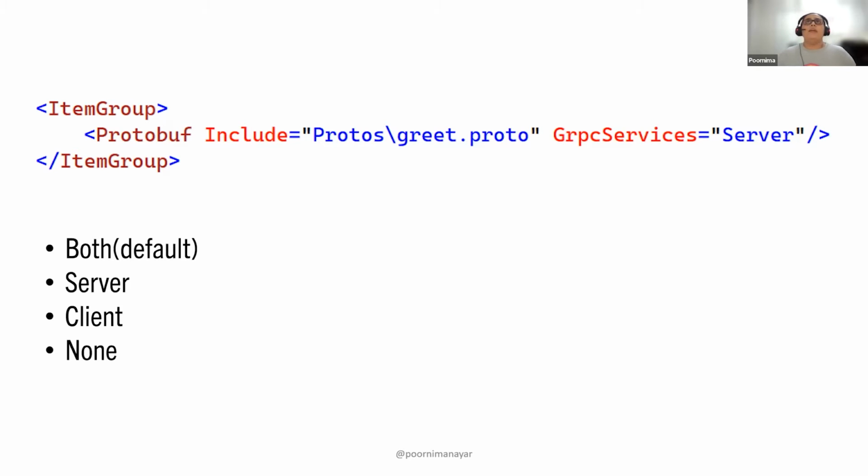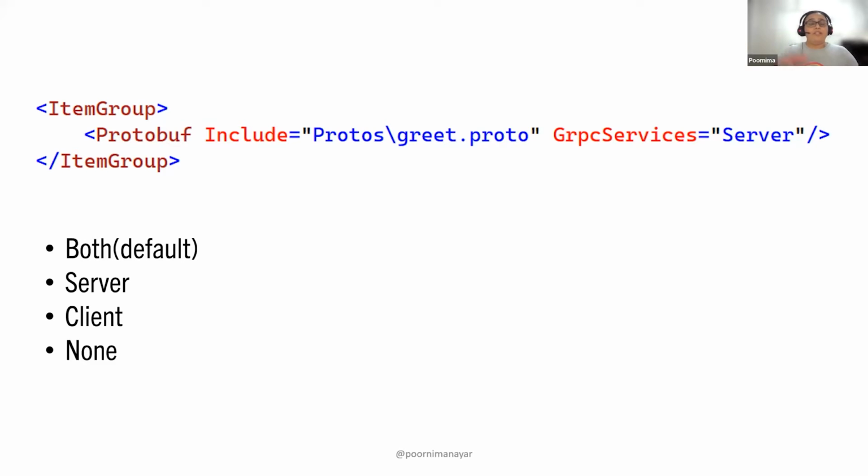For example, as I have said here, you need to have this proto file so that you can generate your client and server-side code. But you might want to have the proto file available to your external clients as well. You might be having a public gRPC API, and you need this proto file to actually generate your client-side code as well, in which case you need to make your proto file distributable.